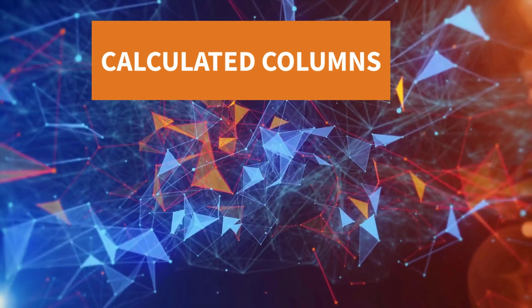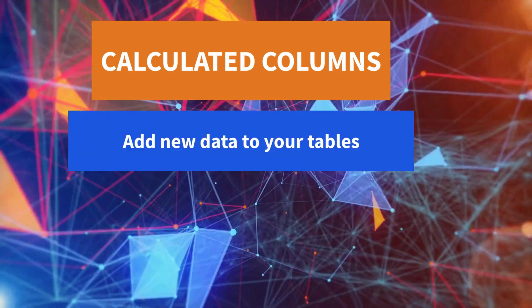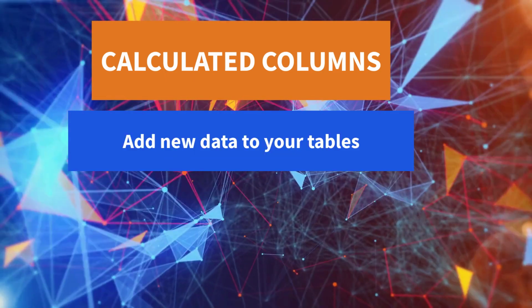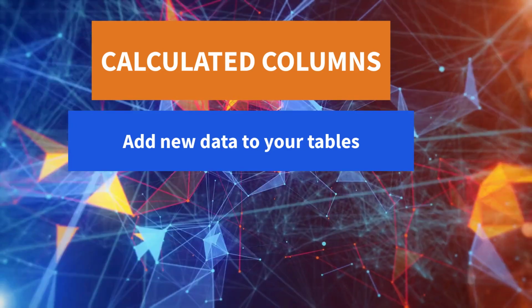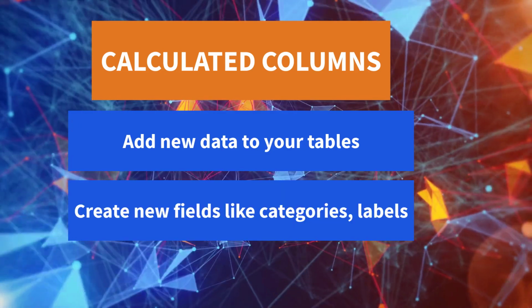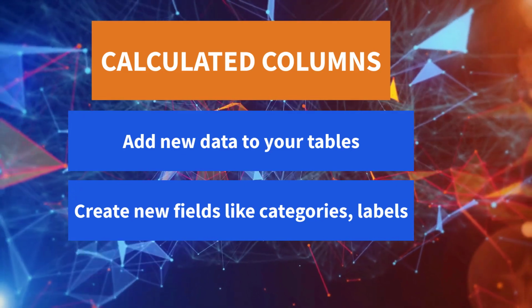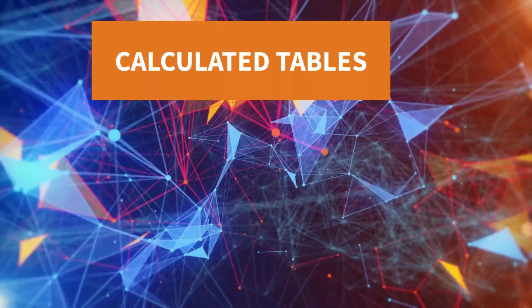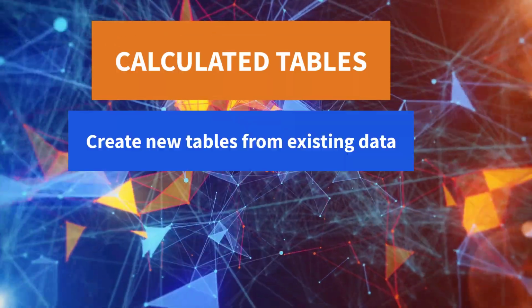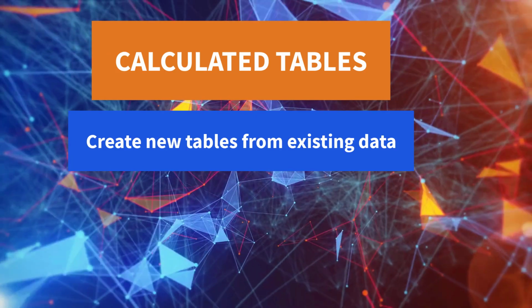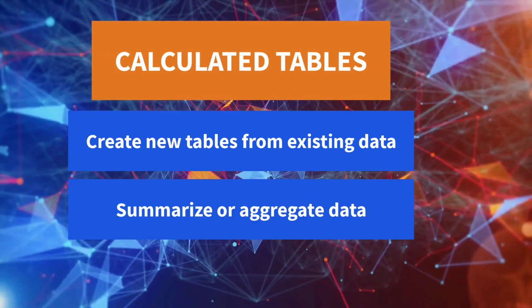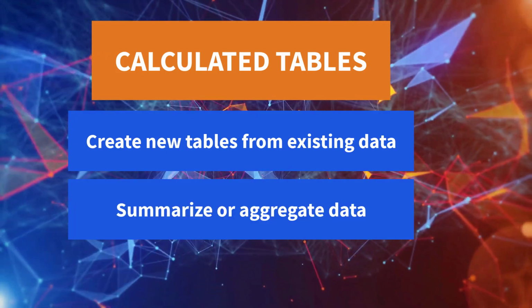Calculated columns add new data to your tables by performing row by row calculations. Use them to create new fields like categories or labels, and that's usually in your dimension tables or in the fact tables as well. And finally, calculated tables create new tables from existing data. Use them to summarize or aggregate data for specific analysis.